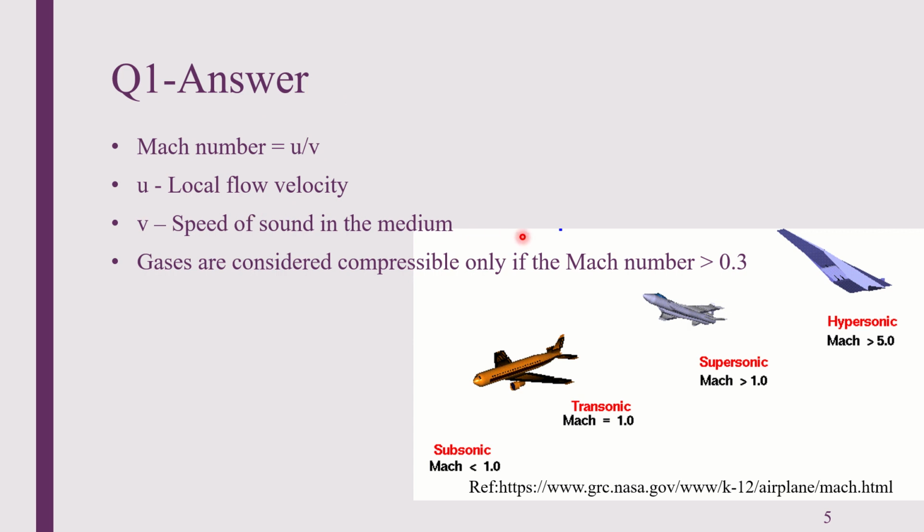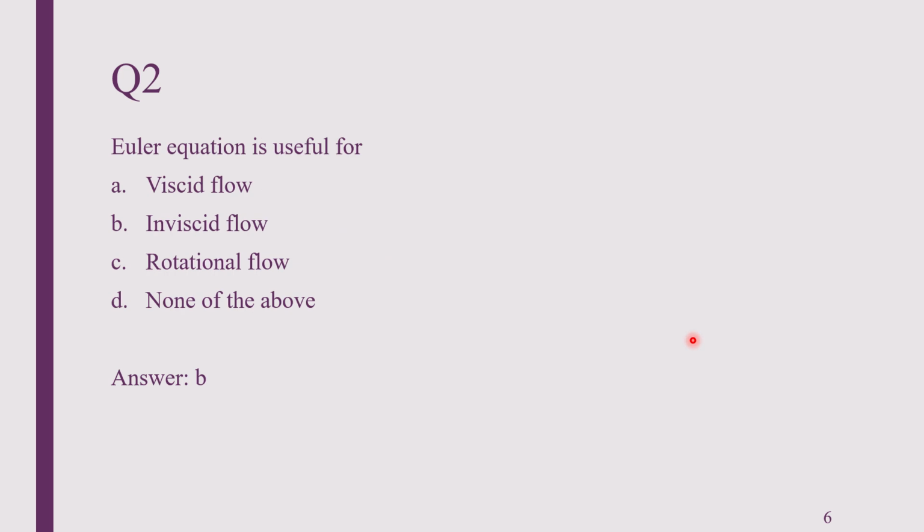If the Mach number is greater than 0.3, it is compressible flow, while if it is less than 0.3, it is incompressible flow. For compressible flows, there is further classification: if it is 1, it is transonic flow; if greater than 1, supersonic; if less than 1, subsonic; and if much higher than 5, hypersonic. So if it is greater than 0.3, all of this comes under compressible flows.